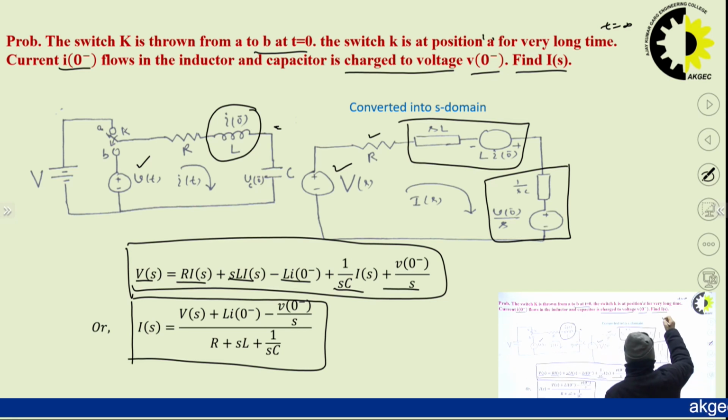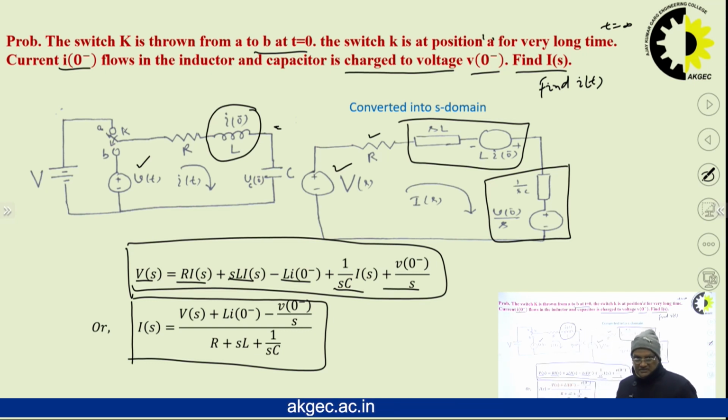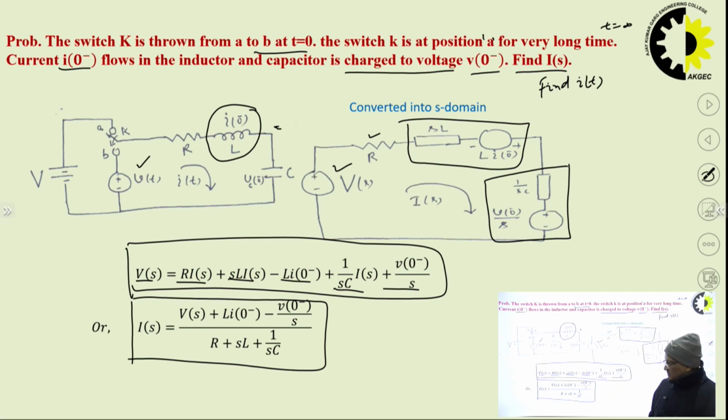Suppose the question is to find i(t). Then we carry out the partial fraction expansion, find the poles and residues, and then take the inverse Laplace transform.